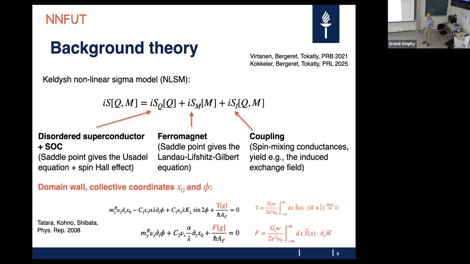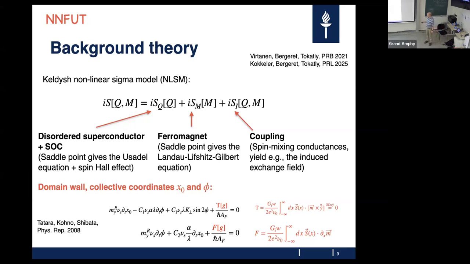The ferromagnet is described by a ferromagnetic action, whose saddle point gives you the Landau-Lifshitz-Gilbert equation for the magnetization precession, and then there is a coupling between these two, which depends on both the superconducting Q field and the magnetization, and this is described by local spin.